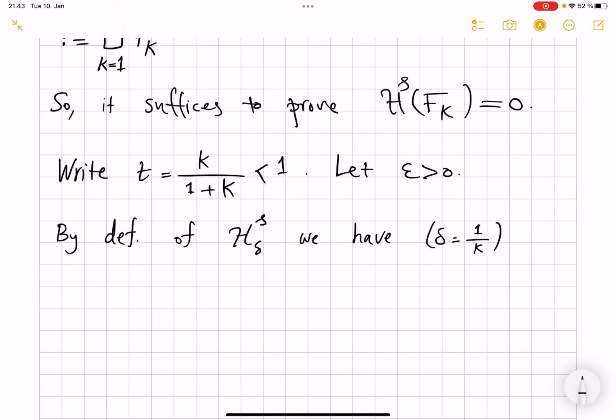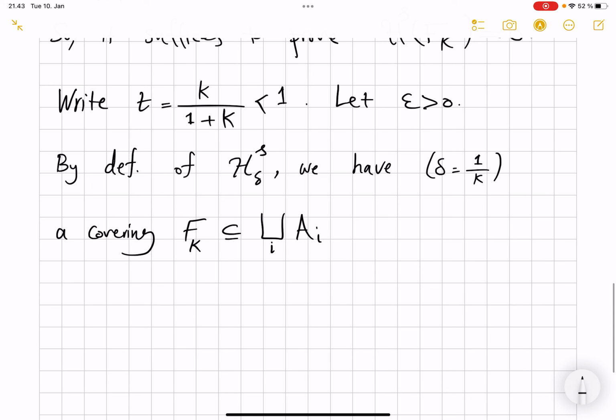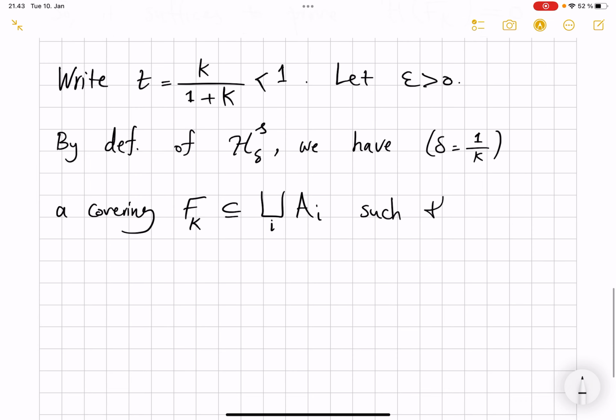So how do you estimate the Hs delta of a set? By finding coverings. By definition, we have a covering of the set Fk, a subset of some countable union of sets, maybe finite, so let's not write infinity, just some I, but at most countable, such that it's a delta covering, so the diameters of Ai are less than 1 over k.